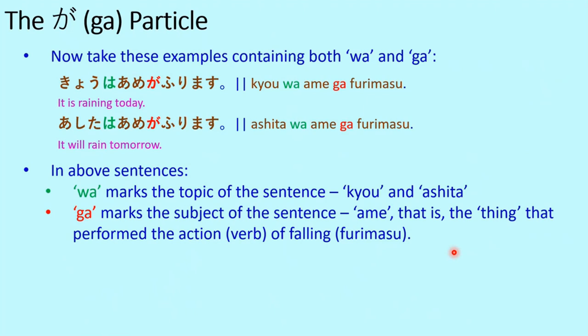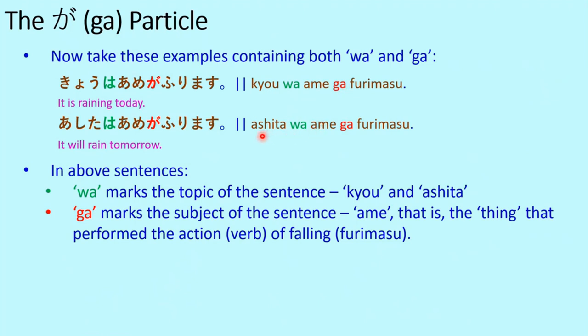So we can say that wa marks the topic of the sentence, whereas ga marks the subject of the sentence. Ame, that is the thing that performs the action or verb of falling, that is furimasu. So ame is the subject and kyo is the topic. That's why kyo will be followed by wa and ame will be followed by ga.